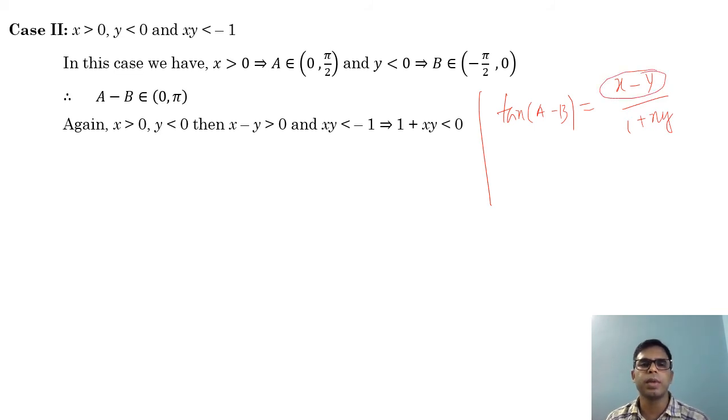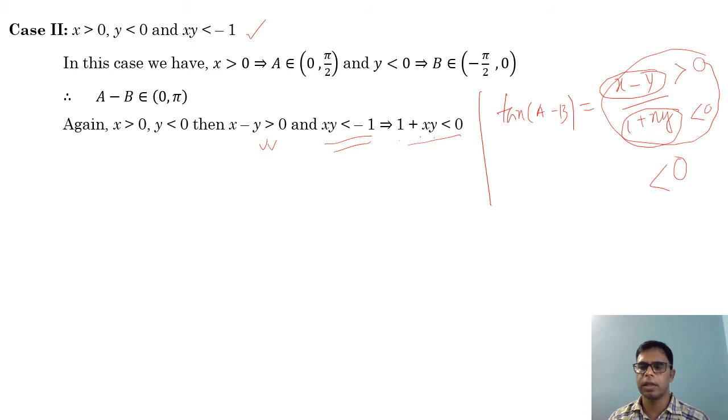So x minus y is a positive number, and xy is less than minus 1, meaning 1 plus xy is less than 0. That means the denominator is less than 0 and the numerator is greater than 0. So the resulting term is a negative number. That is the conclusion.